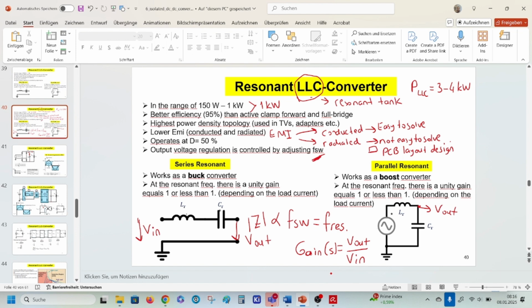That would mean that the voltage at this node is important for me to have an idea what the gain is.